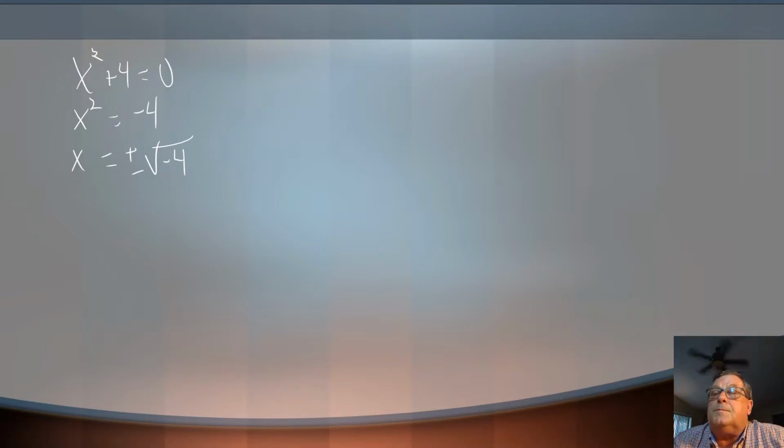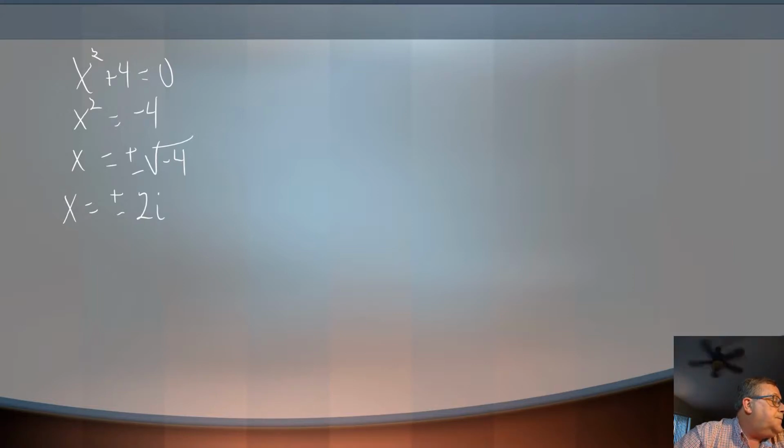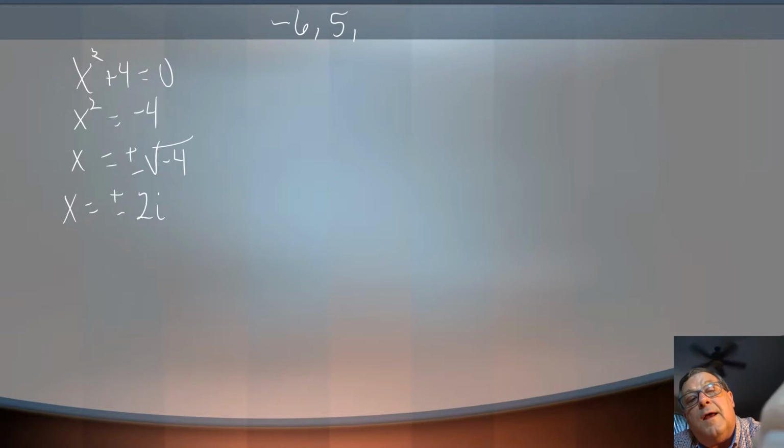And of course, the square root of negative 1 is i, and the square root of 4 is 2. So x equals plus or minus 2i. Okay? So what were our zeros then? We had negative 6, 5, and then plus or minus 2i.